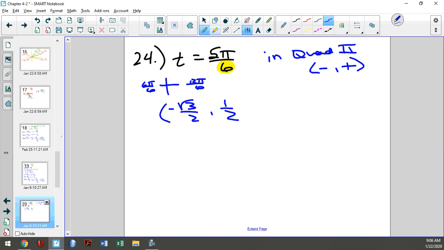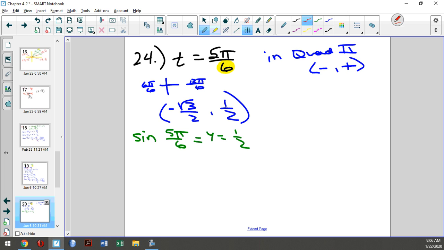So with that being said, I need to find all 6 trig functions. So I need to find the sine first. The sine of 5 pi over 6 is my y value, which is going to be 1/2. What is the inverse function or the reciprocal of the sine?